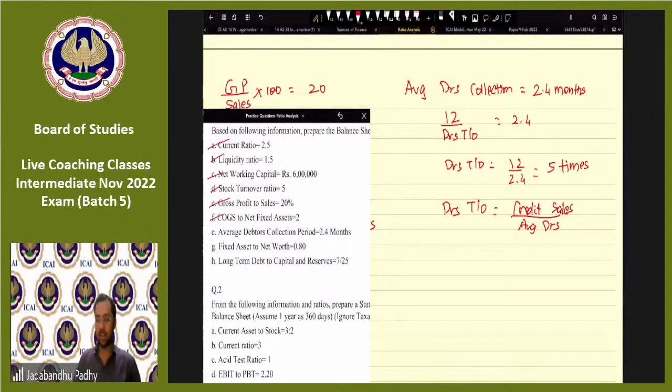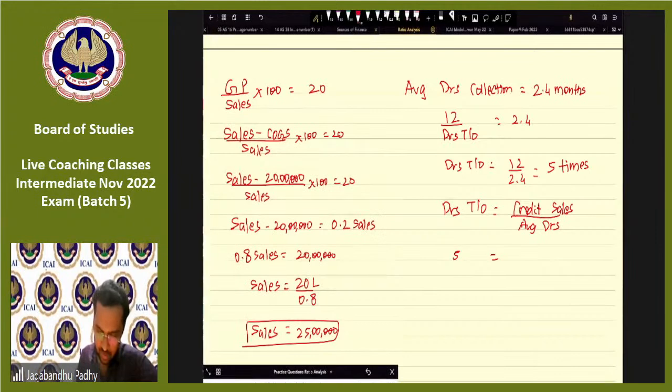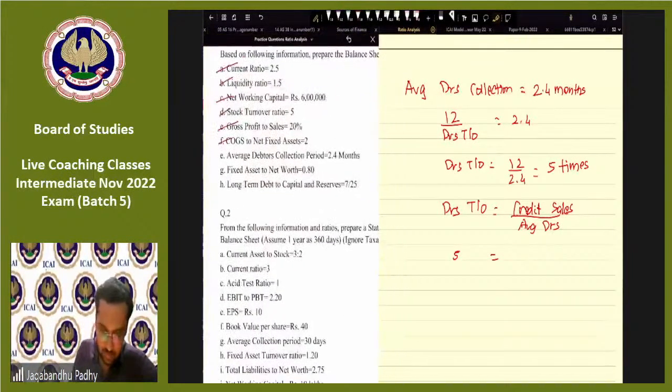So debtors turnover is basically 5. So we take entire sales as credit itself. So what's the sales that we have computed? Sales is 25 lakh.